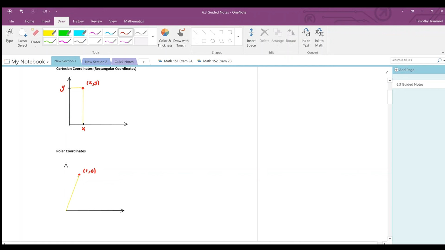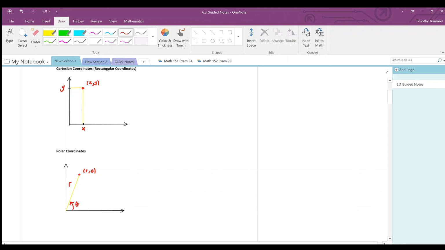One thing we're going to use to describe our point is just how far it is from the origin. So I'll put an r here. That's all that r means, that we're r units from the origin. And the only other thing is theta, and that is the angle off of the positive x-axis.